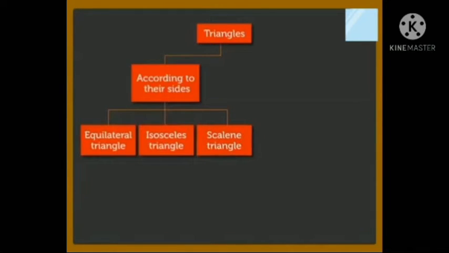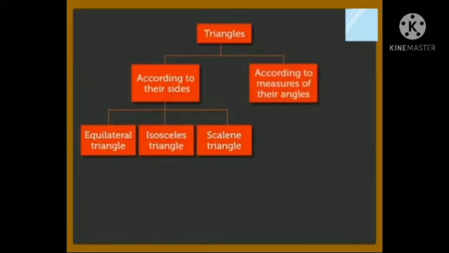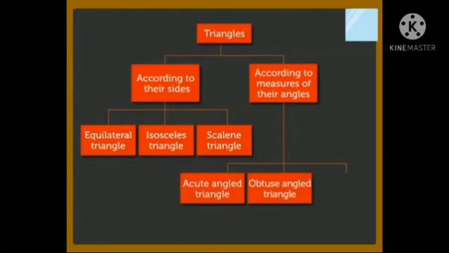Now, types of triangles according to the measure of their angles: first, acute angle triangle; second, obtuse angle triangle; and third one is right angle triangle.